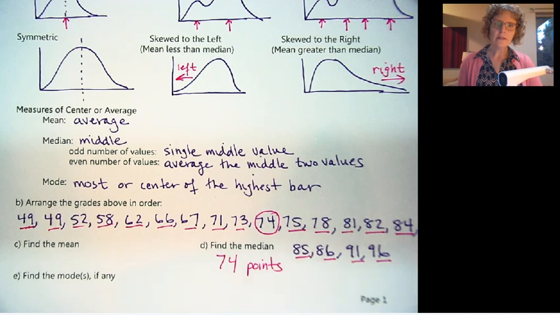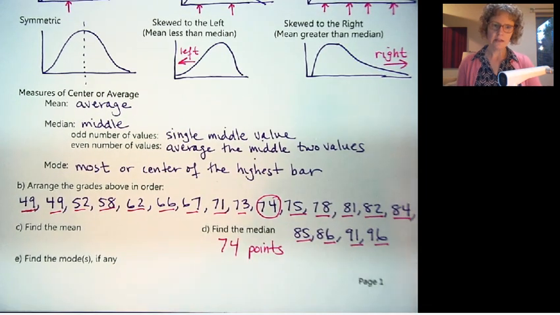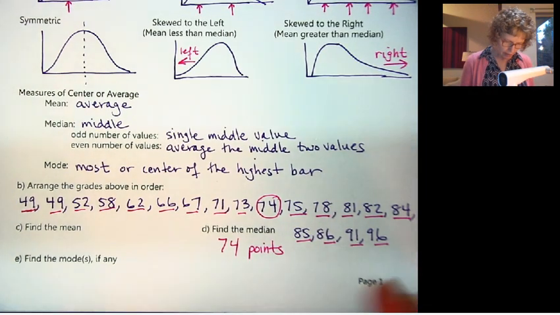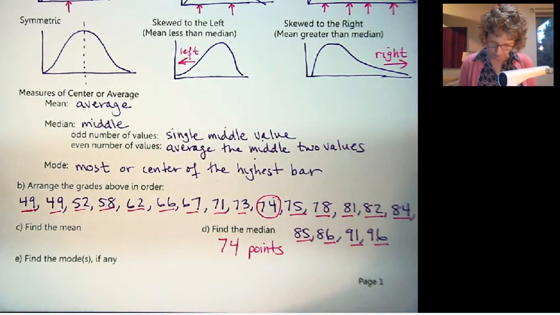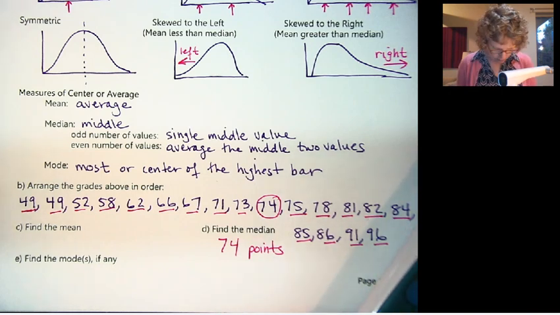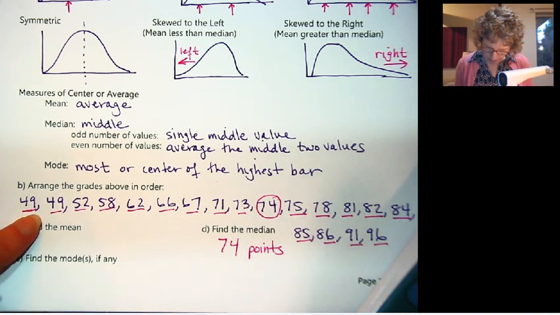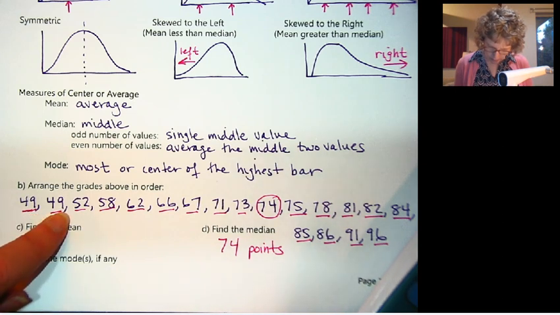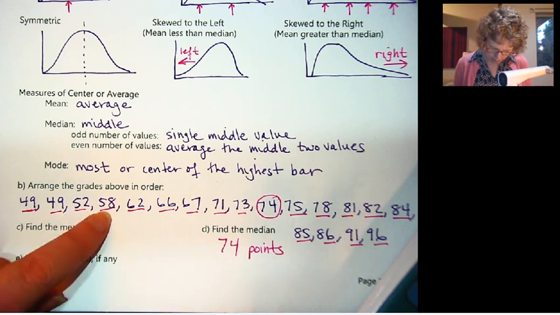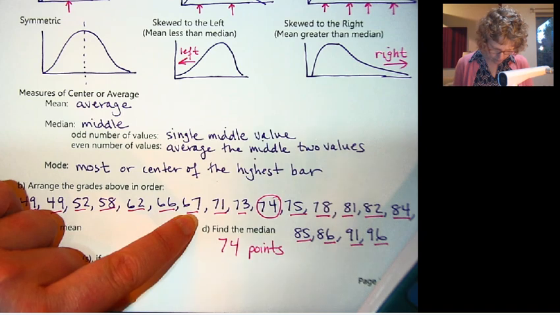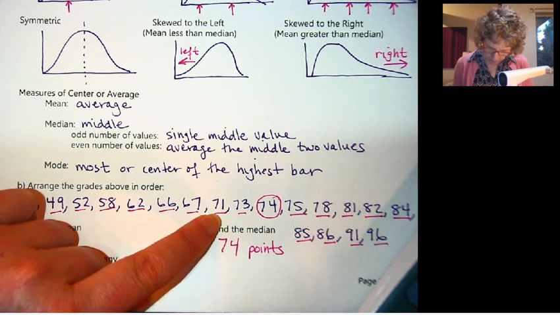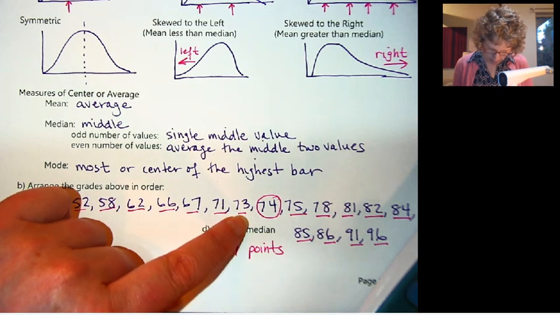Okay, so now let's find the mean. The mean is the average. So we're going to add all these up. Got my calculator here. Let's just add them up. Do this too and check me.